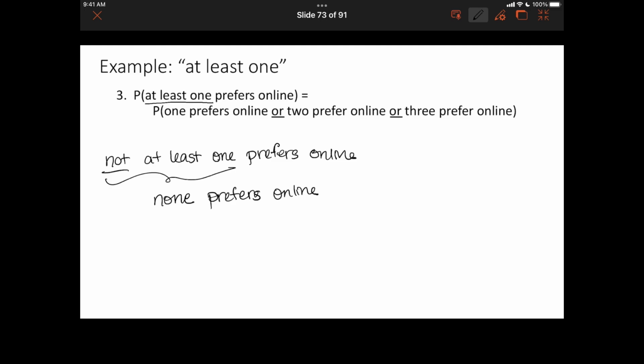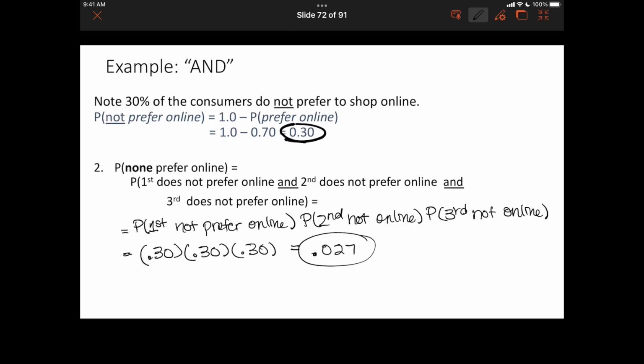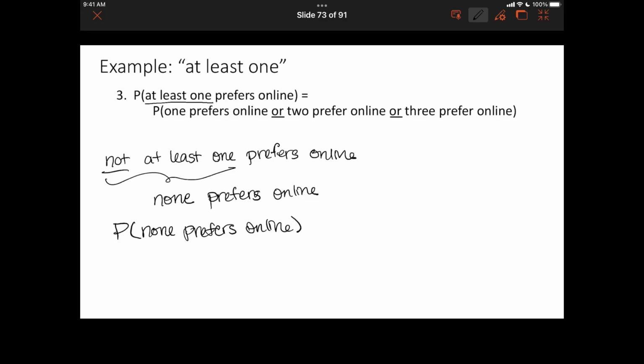But we found the probability of that, right? We saw that the probability that none prefers online on the last slide, let's double check what that was, 0.027. Okay, well this is the complement of the probability that we are looking for.